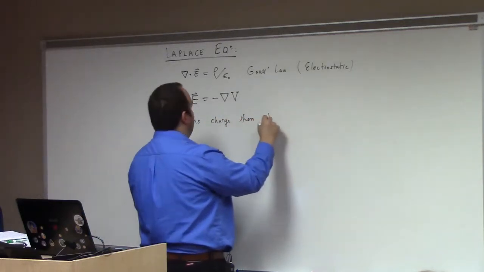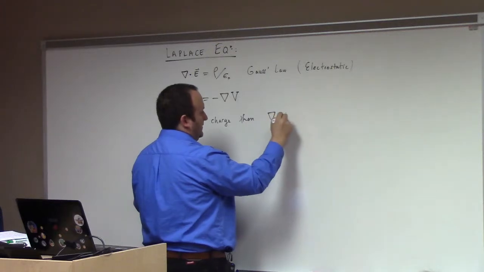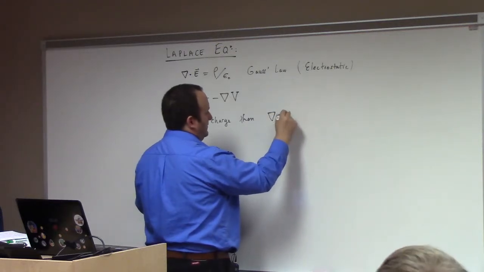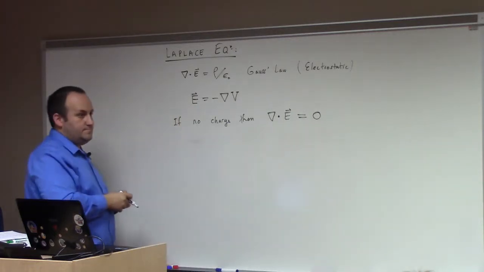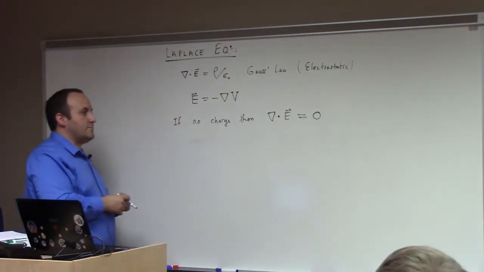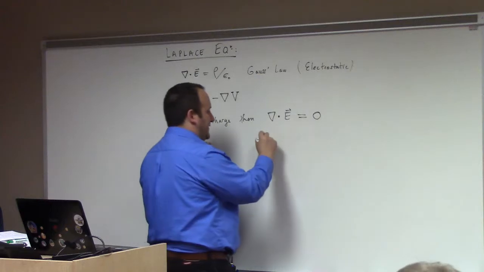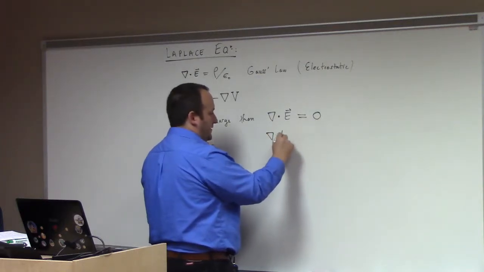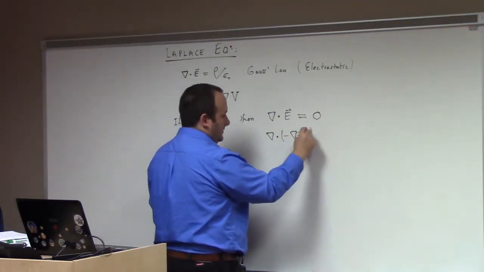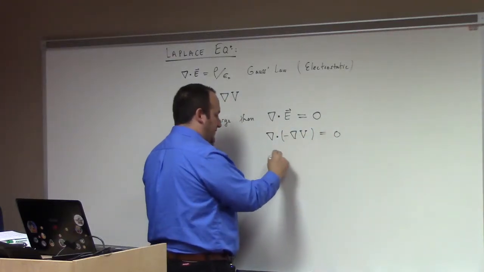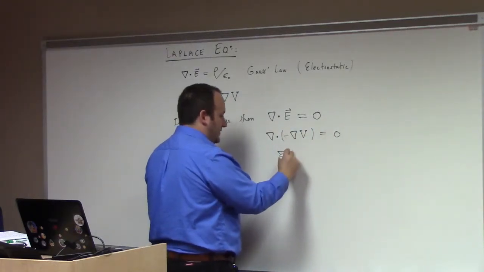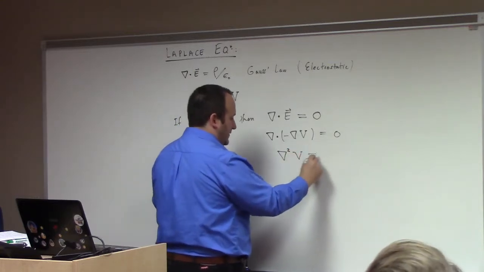then what do we get? We have the divergence of the electric field is equal to 0. So if I plug in the voltage function, that's the divergence of the gradient of the voltage function equals 0, which, getting rid of the sign, gives me that the Laplacian, del squared of V, is equal to 0.